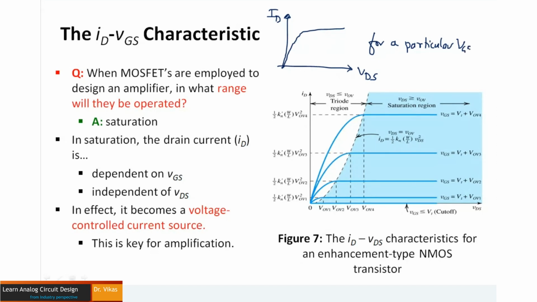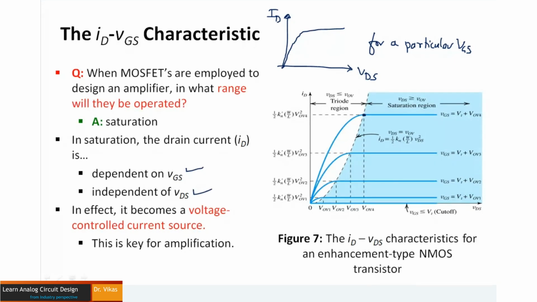Like that, here I have written multiple ID versus VDS curves for different values of VGS, and these are very idealistic graphs. So basically, I say that beyond a certain point, when it reaches the saturation region, there is no dependency. In the saturation region, the drain current is only dependent on VGS, but it is independent of VDS.